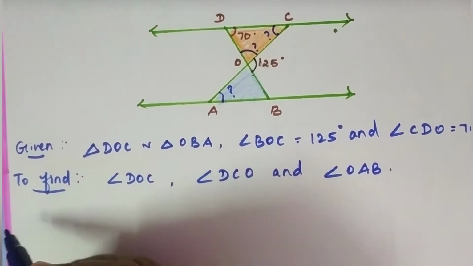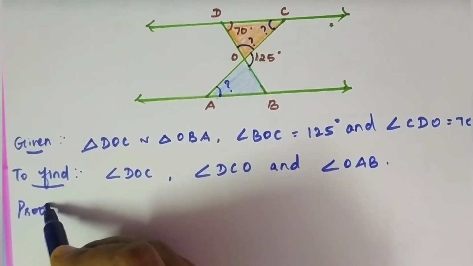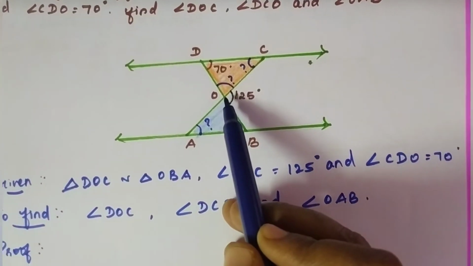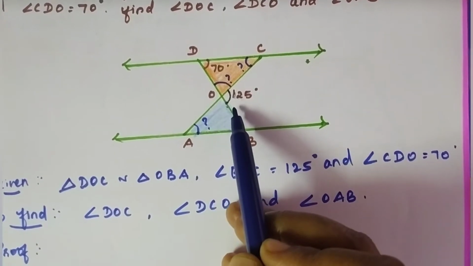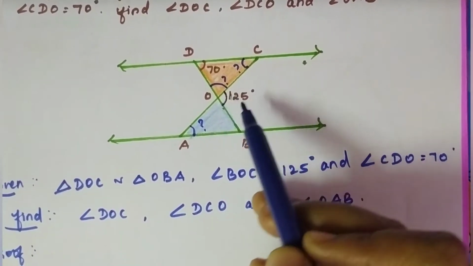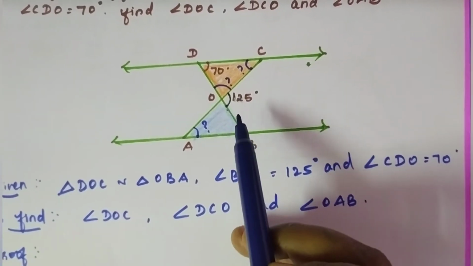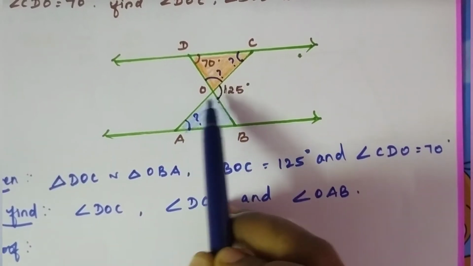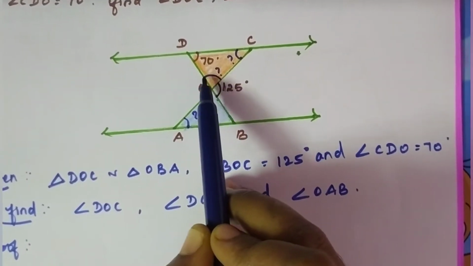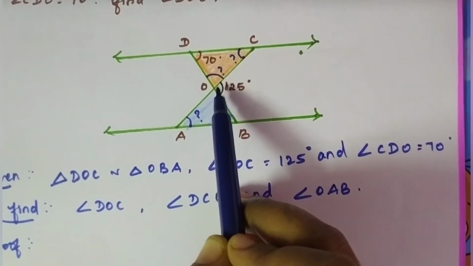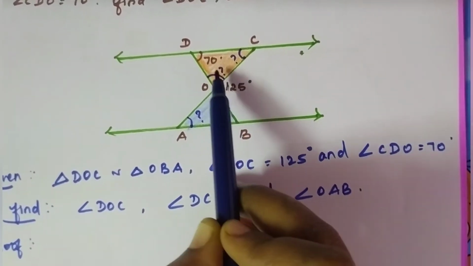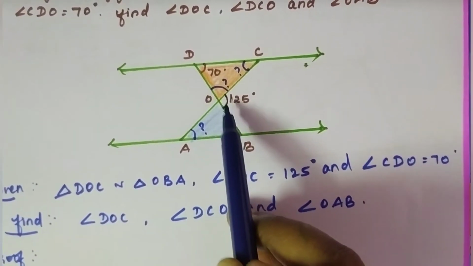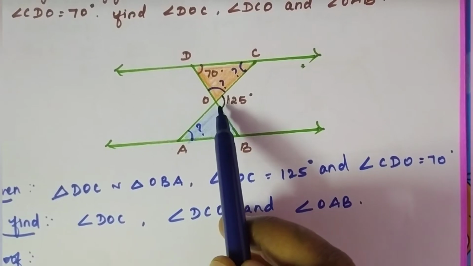So now, start. How can we find it, from the known to the unknown? Which angle do you know here? 125 degree. The angle BOC is 125 degree, and the remaining angle is DOC. By the linear pair axiom, a line makes an angle of 180 degree.